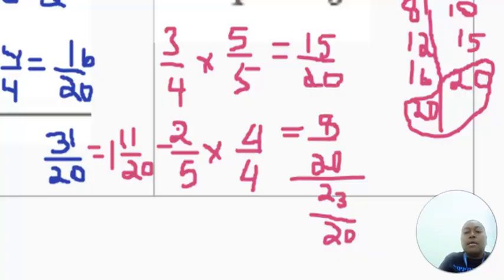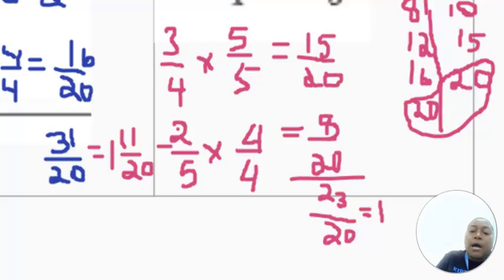And now I'm going to do that same strategy that I did over here, where I converted it into a mixed number. I asked myself, how many groups of 20 can I make in 23? That will be 1. Another way that you can view that is, you know that 20 over 20 equals 1.